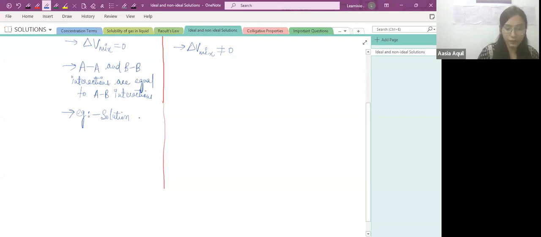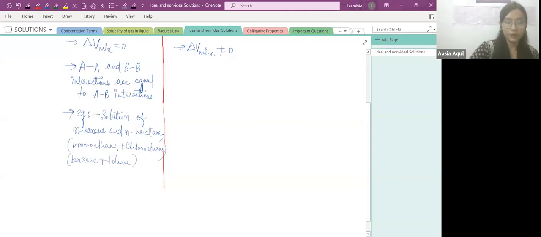The examples include the solution of n-hexane and n-heptane, bromoethane plus chloroethane, and another example could be benzene plus toluene, etc. These are nearly ideal in behavior.